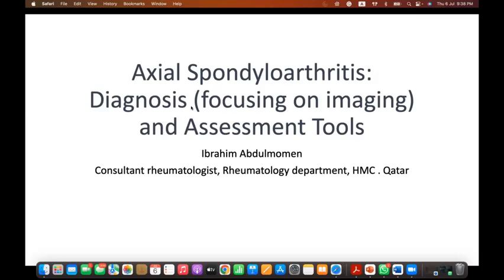He is a certified clinical densitometrist. He is also certified level 2 EULAR musculoskeletal ultrasound. He has many areas of interest, including crystal-induced arthritis, osteoporosis, spondyloarthropathies, and last but not least, he is a member of the Qatar Rheumatology Association, the Qatar Osteoporosis Association, and ISCD.